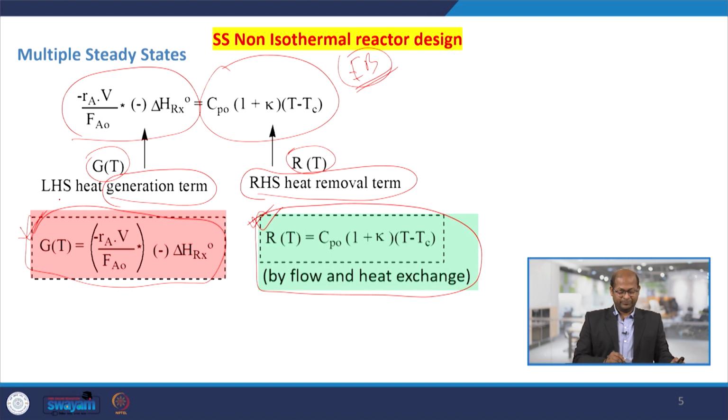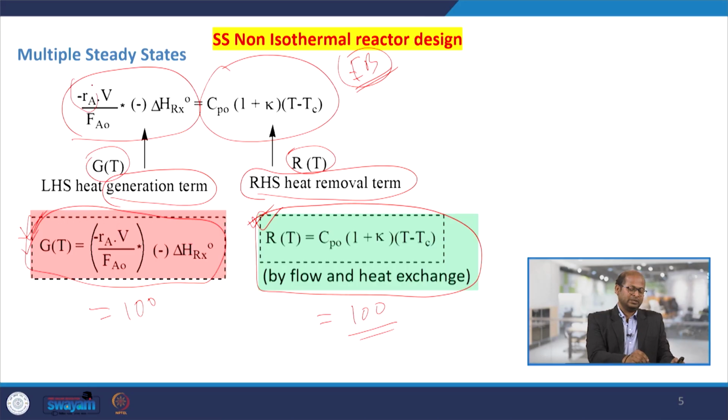If, let us say, heat generation equals 100, heat removal equals 100. From where is heat generated? When there is a reaction, once the reaction is taking place, whether exothermic or endothermic, heat generation should be there.